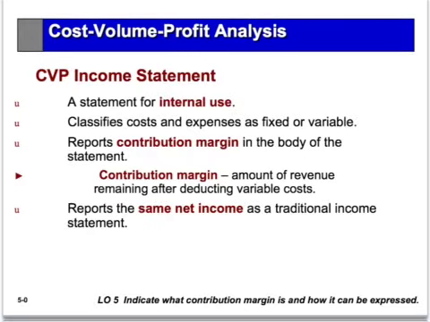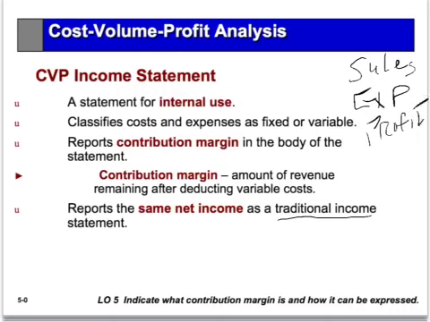Now, once we have all the costs in the company in terms of fixed and variable, we can rearrange the income statement. Now, we're not going to change the traditional income statement. The traditional income statement is sales less expenses, and that gives me profit.